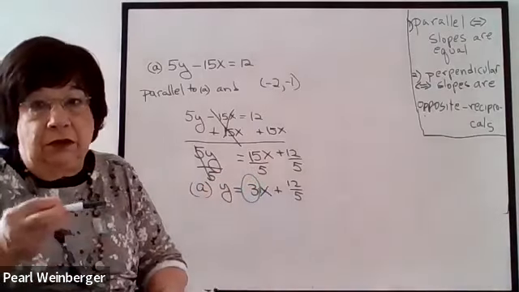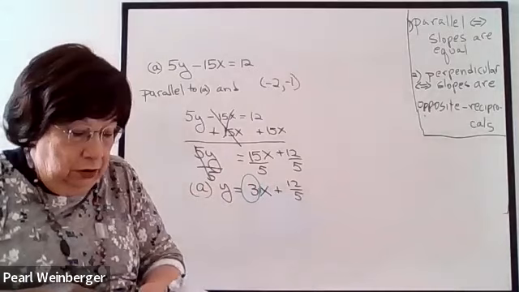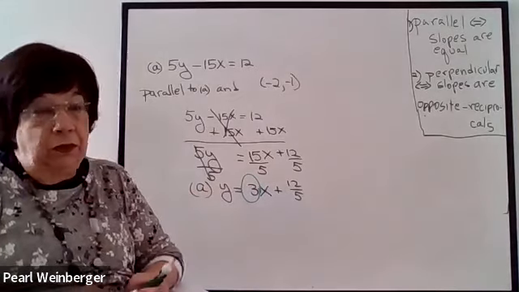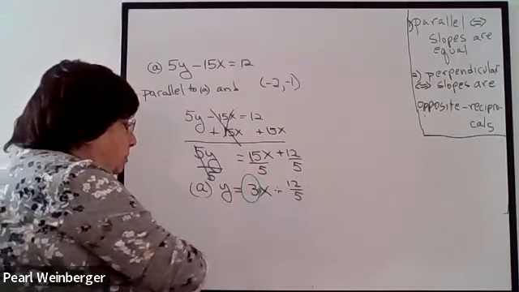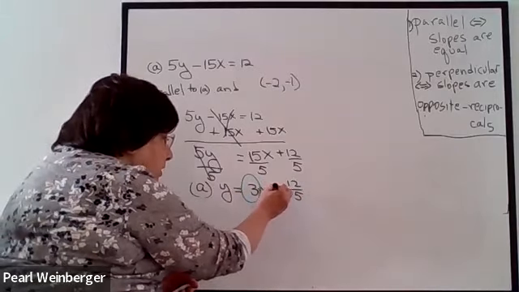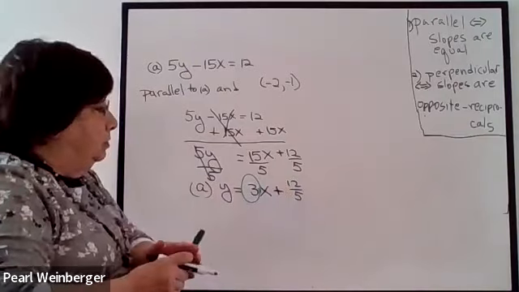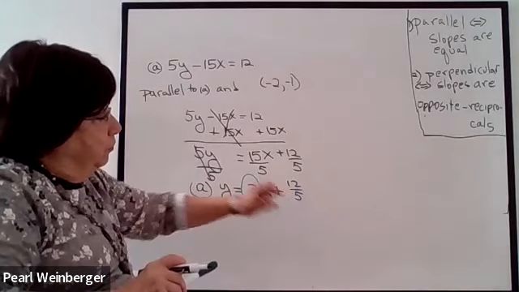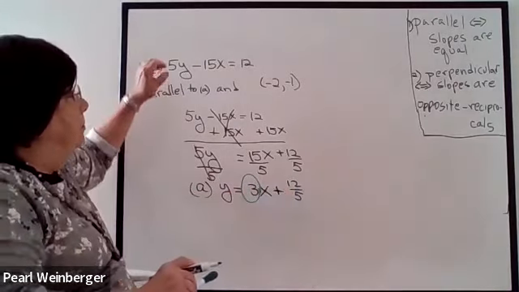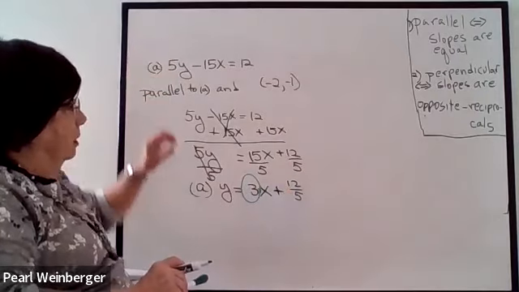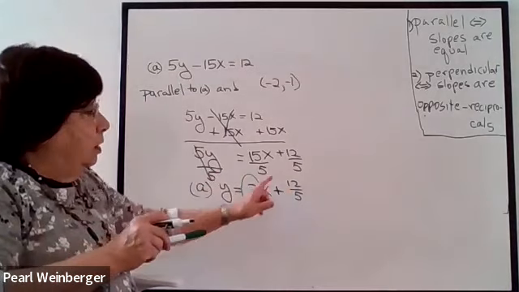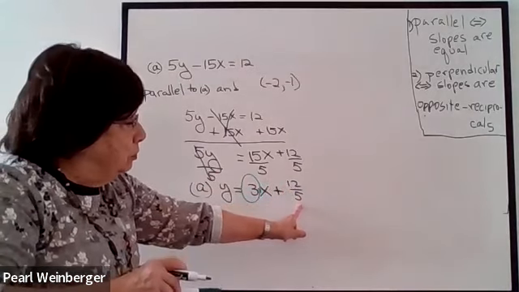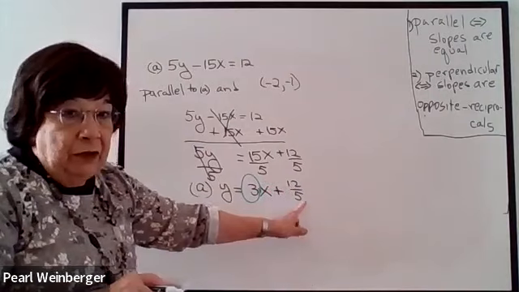The number that's attached to the x is the slope. The 12 over 5, the standalone number, the number that's not attached to the x, is the y-intercept. 12 over 5 is the y-intercept of this line. So if I were asked, what's the slope of the line, you would tell me 3. What's the y-intercept? You'd tell me 12 over 5.